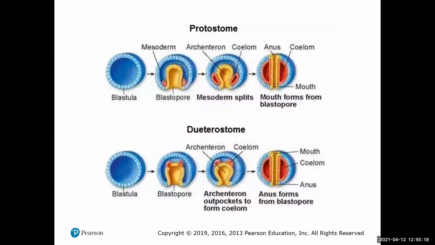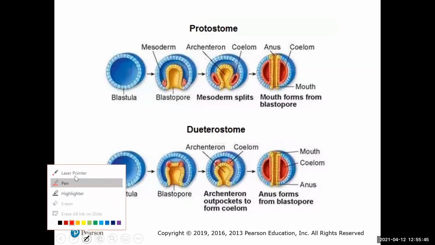Okay, so whenever you have fertilization, right, that zygote is formed, and it will start to undergo mitosis, and it will start to divide and make more cells as that zygote gets bigger. That forms a blastula, which is what we see here on the left-hand side of these figures.